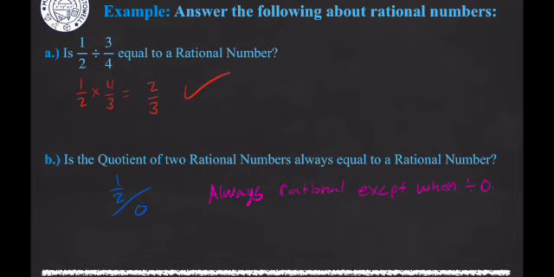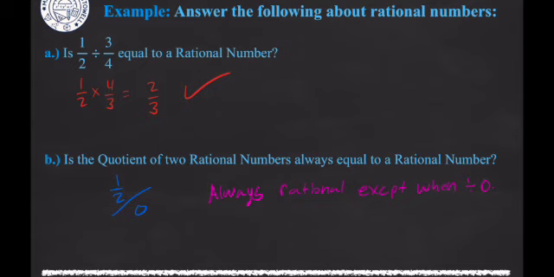I did have some other questions of a rational divided by an irrational and an irrational divided by an irrational and what those would end up to be. Just to save us a little bit of time with that, an irrational divided by irrational, it depends. Okay? Just like with the addition, it depended on what numbers we had.